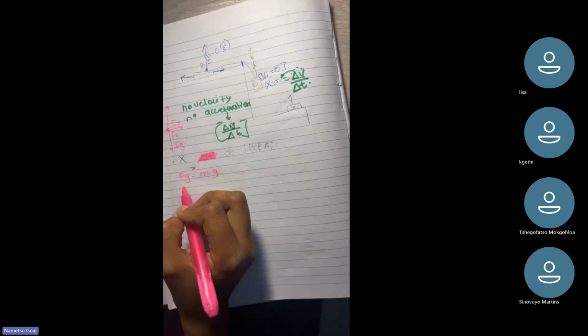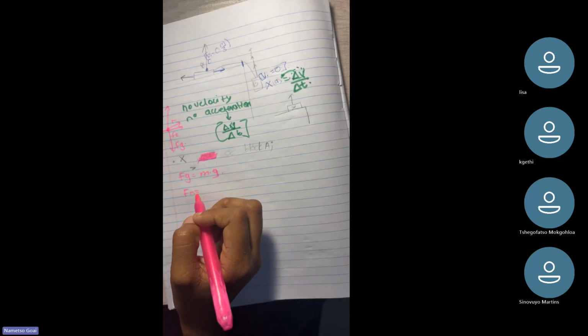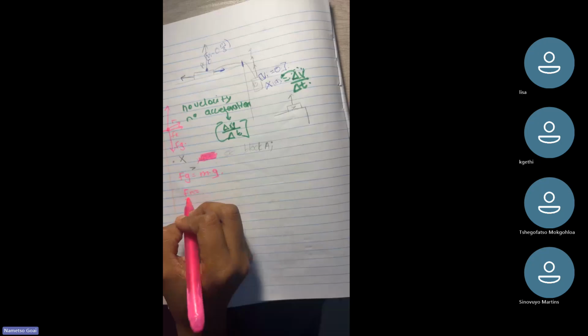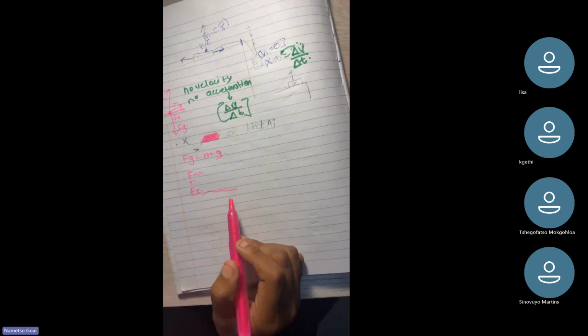And then we also have Fn, which is the normal force. And then we also have tension, and we also have Fk. We can use Fk to calculate what the mass will be.